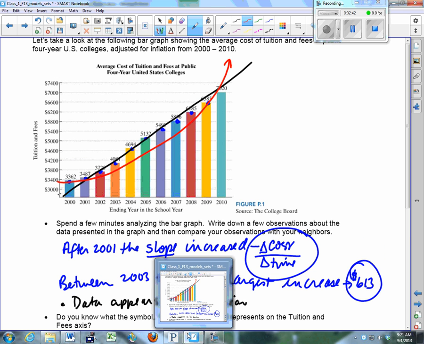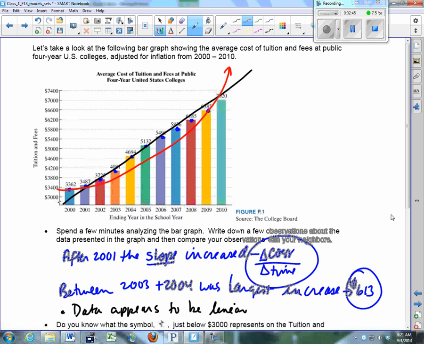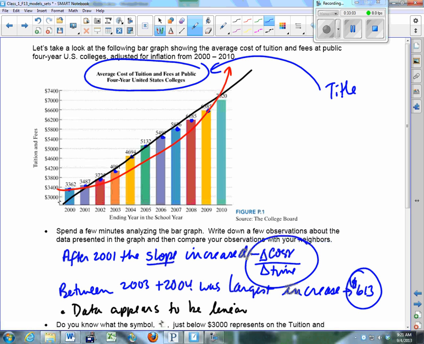Now I want to point out this is from your book, and there are a couple of things here I wanted to point out about graphs. Every graph, like if we have a project, should always have a title. Your axes should always be labeled.